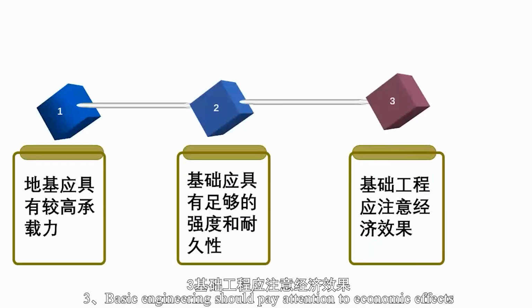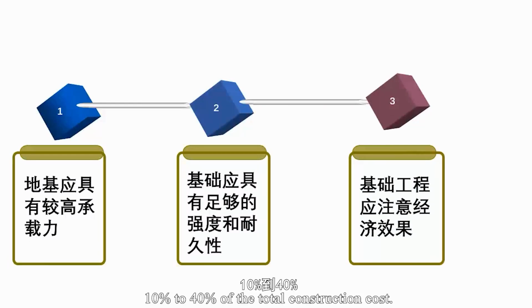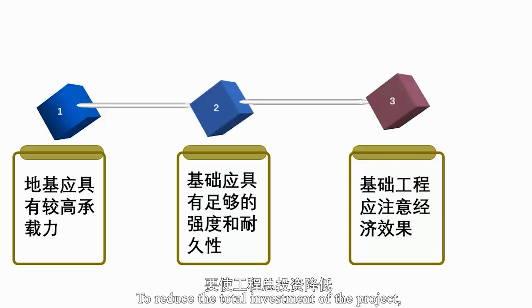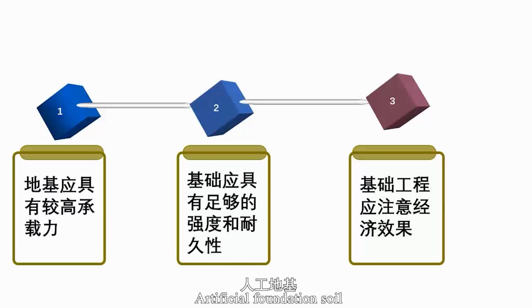3. Basic engineering should pay attention to economic effects. Basic engineering accounts for about 10% to 40% of the total construction cost. To reduce the total investment of the project, the first step is to lower the investment in basic engineering. Artificial foundation soil is more labor-intensive and material-intensive than natural foundation soil.